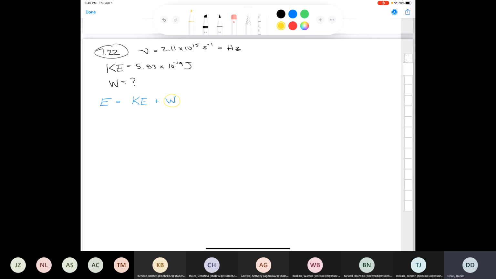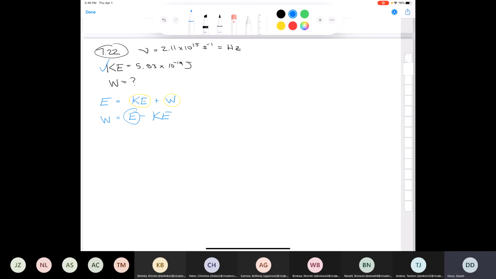But if you have any more energy than that, then the electrons that are ejected are also going to have some kinetic energy associated with them. And so we can rearrange this formula to solve for W, can't we? We can say that W is going to be equal to E minus the kinetic energy.